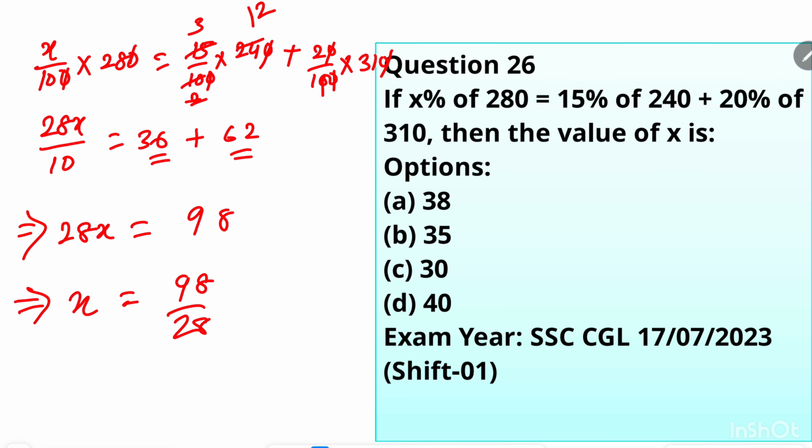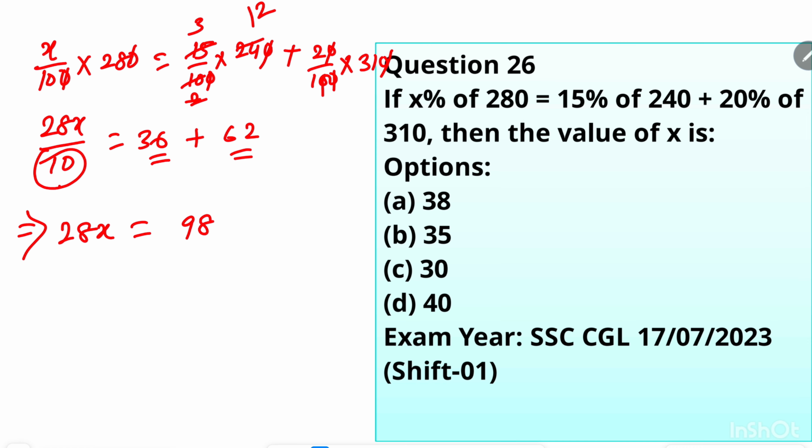Wait, I made a bit of a calculation mistake here. Yeah, if you take 98, and if you take this 10, this is in the form of division.